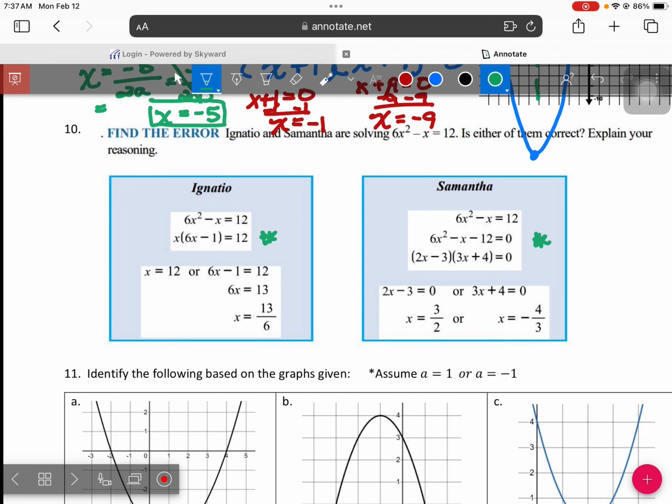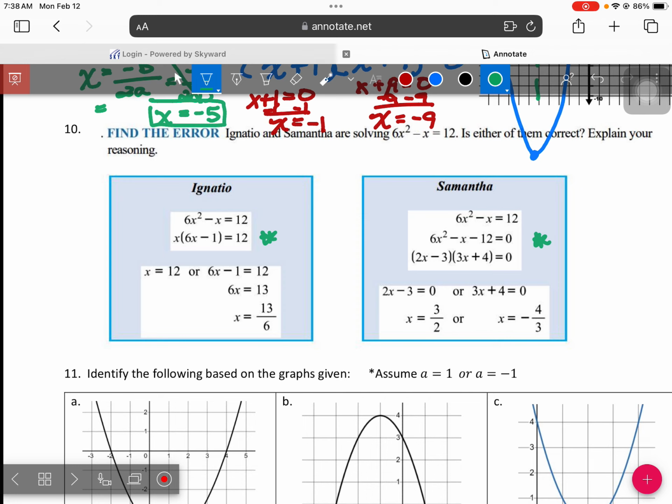Everybody's wide awake here. Well, did we ever say make sure that your quadratic equation equals 12? No, we said what? We had to make sure it is set equal to 0. Okay? So I would say Samantha is correct. And I'm just looking at her work here. 2x minus 3 equals 0.